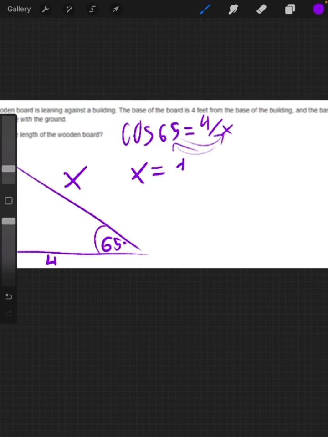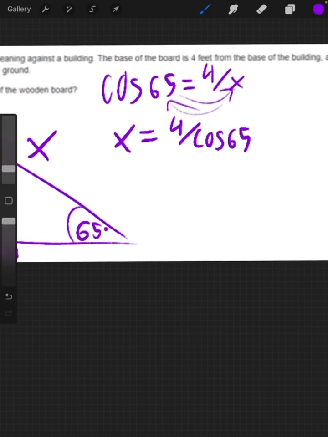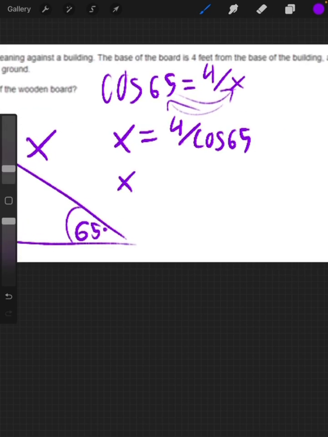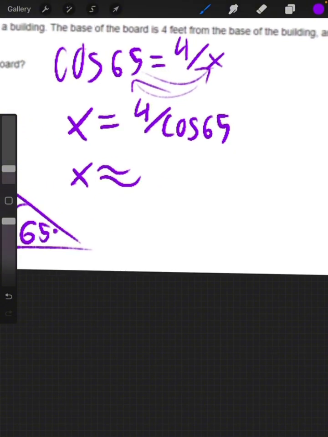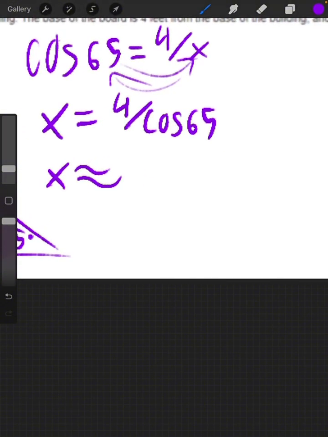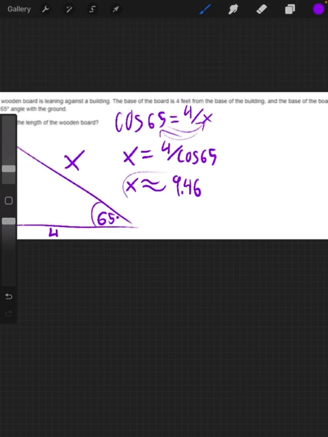So then x is equal to 4 divided by cosine 65. Pretty sure I can pop that into the calculator like that. Hold on. And rounded, that will get us 9.46. There we go. Yay.